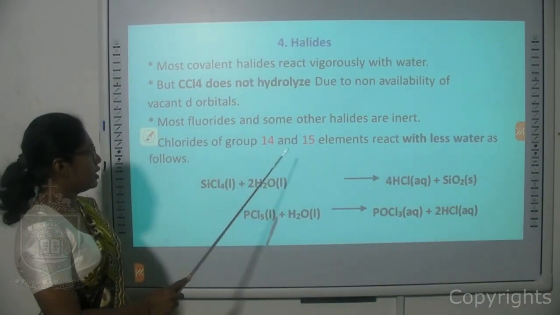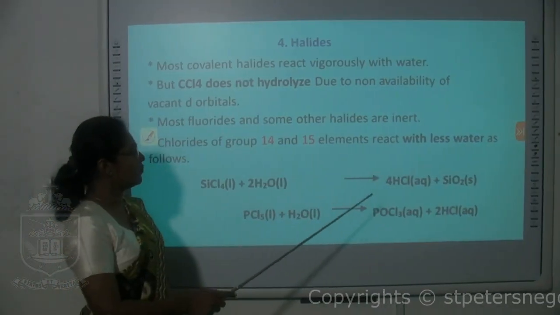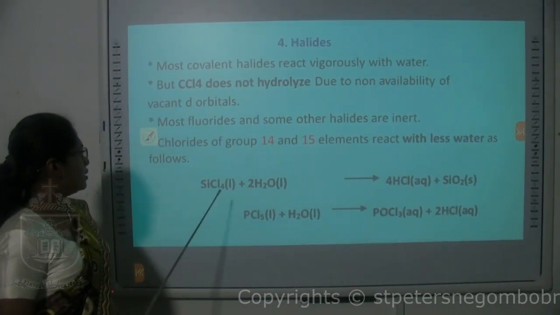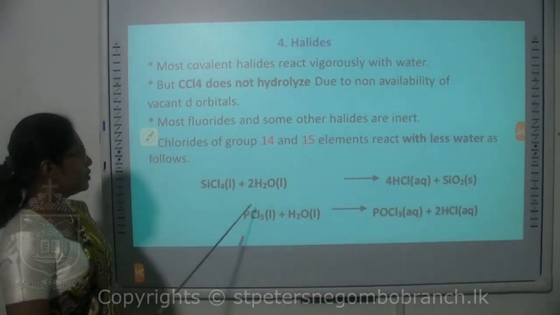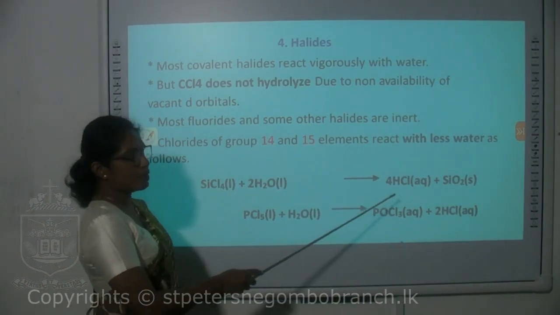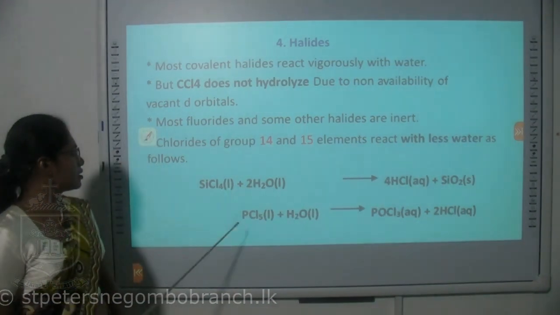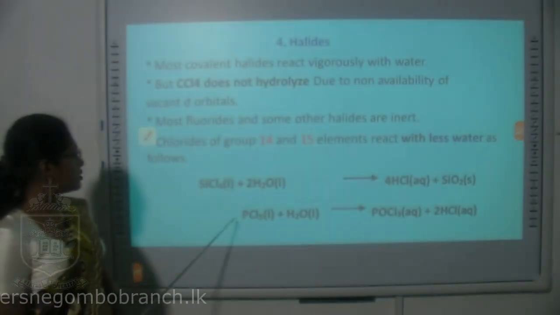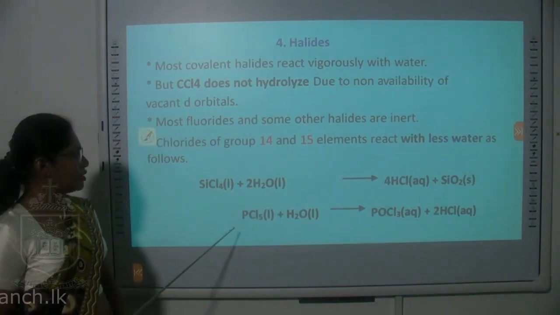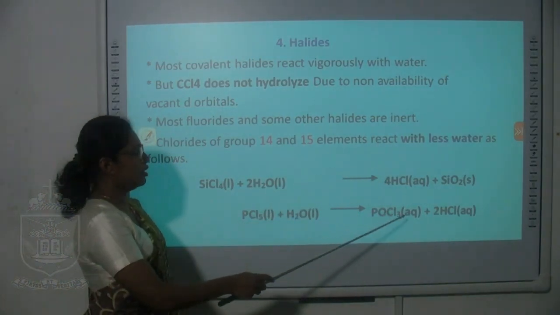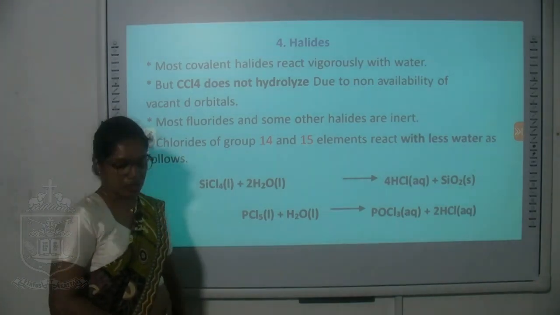If we take silicon tetrachloride, it reacts with less water and forms HCl and silicon dioxide. And also phosphorus, a group 15 element, reacts with less water and forms these two products.